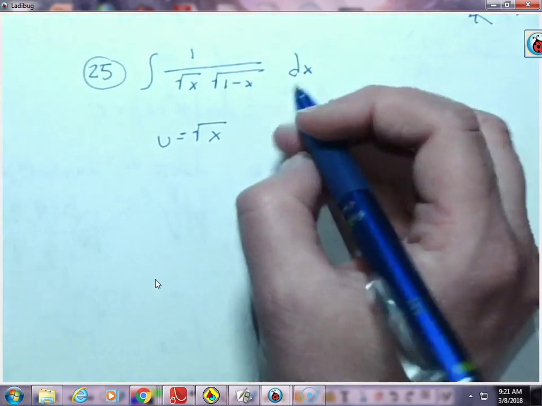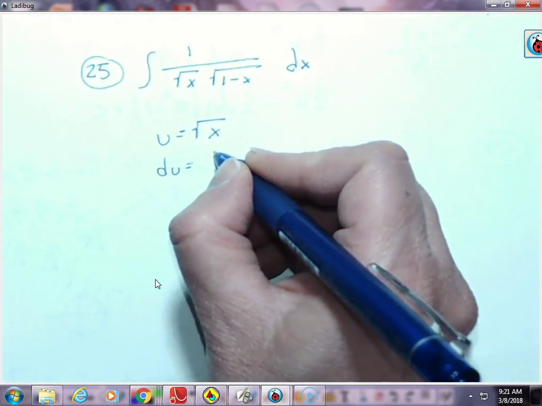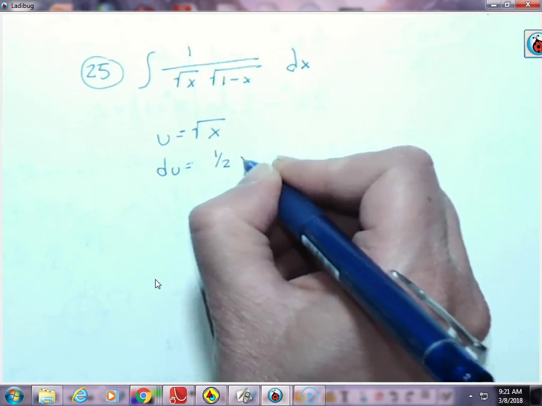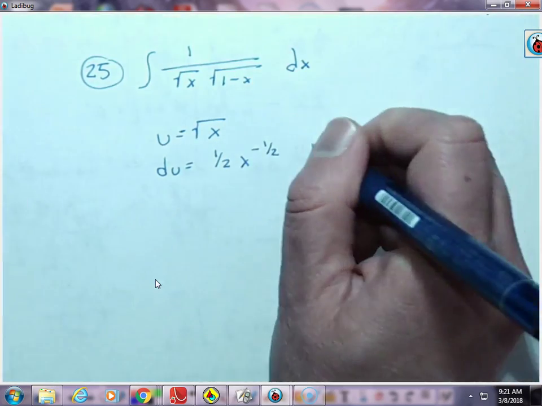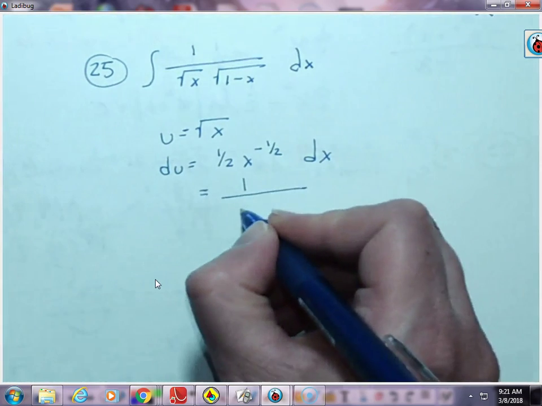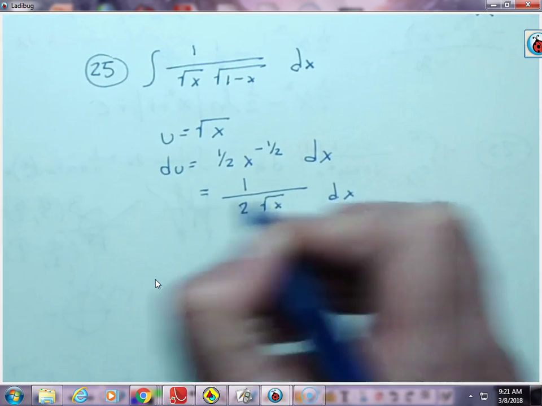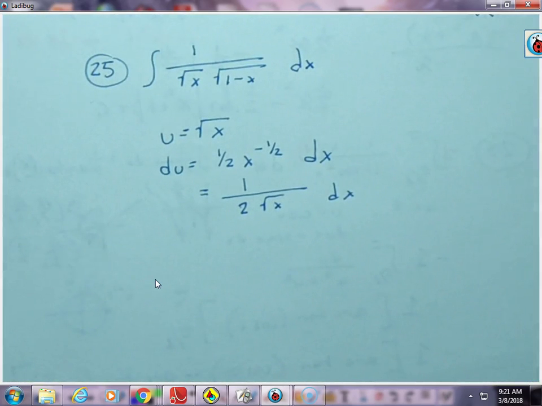So u is the square root of x. What would du be? Which could also be written like this.